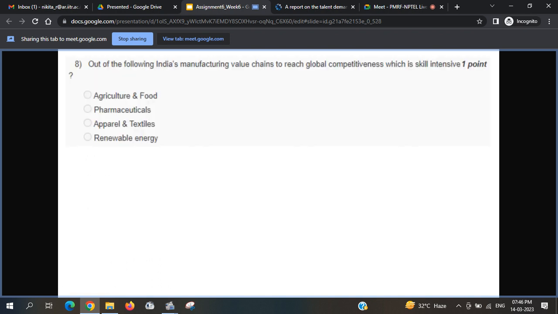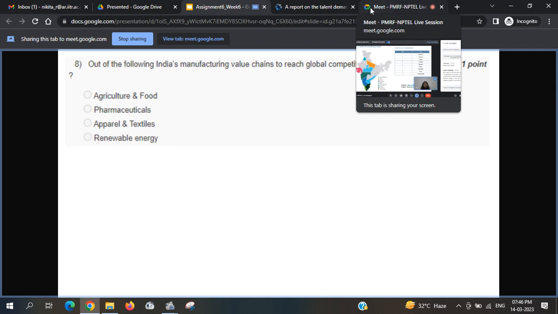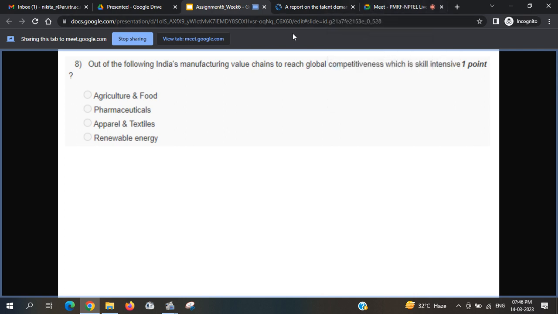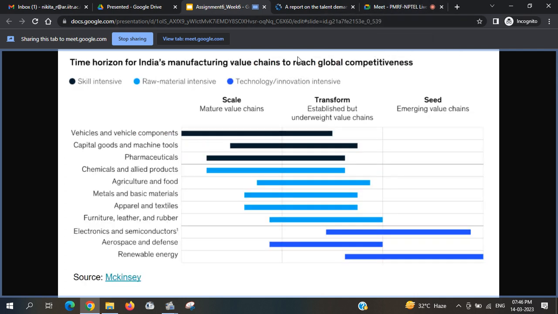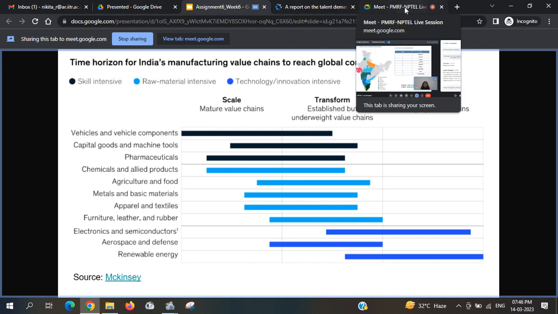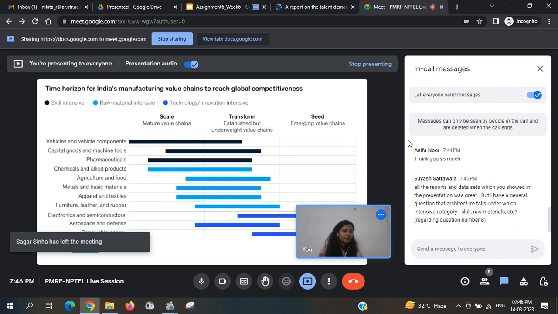Architecture and planning fall in the service sector, so they do not fall in the manufacturing sector, or in terms of manufacturing value chains or global competitiveness. I hope that is clear to you.